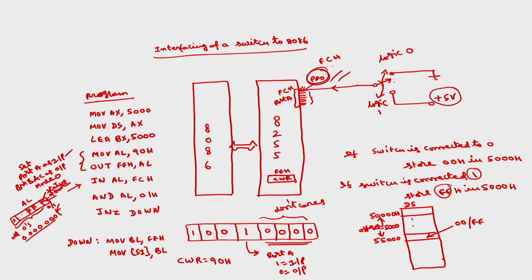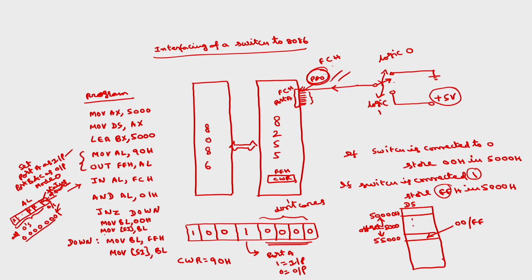Otherwise, if this is false, I have to store 0 0. For that you take MOV BL, 00, then MOV [SI], BL.